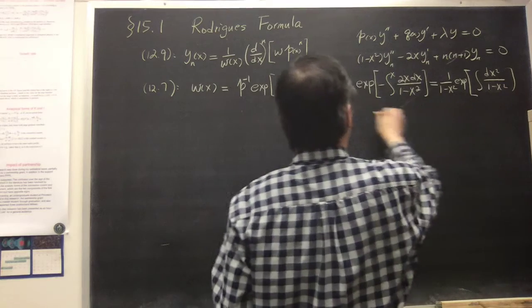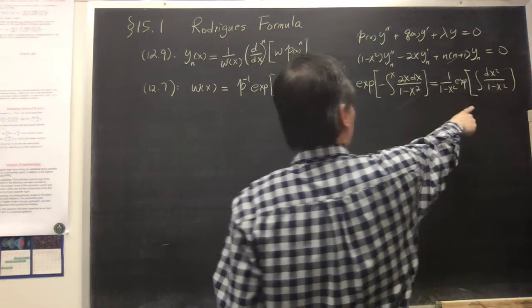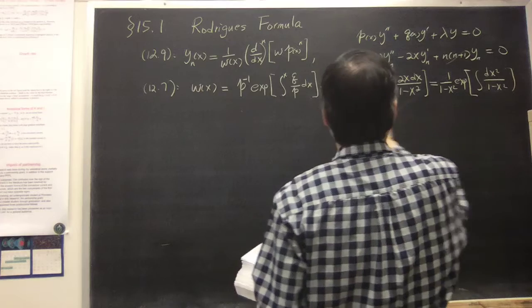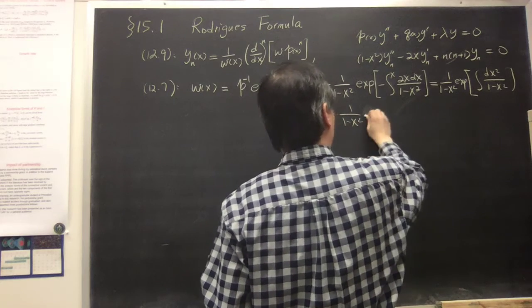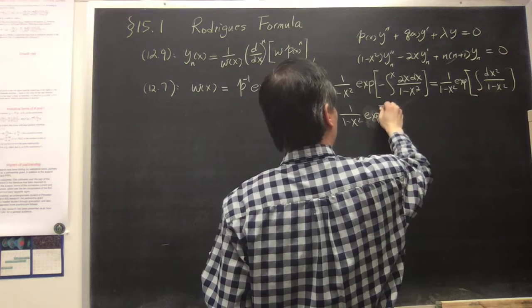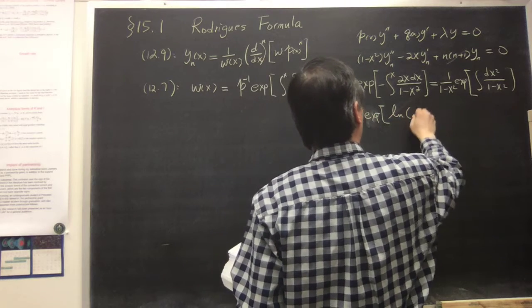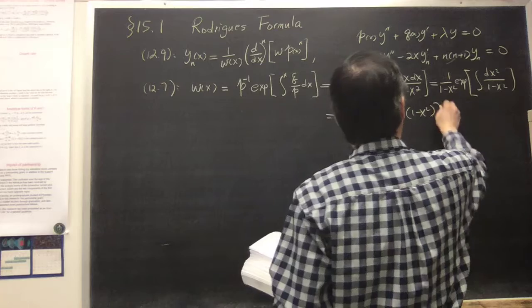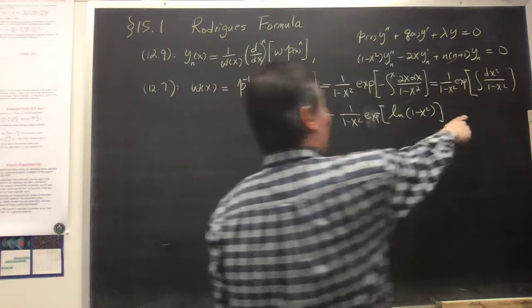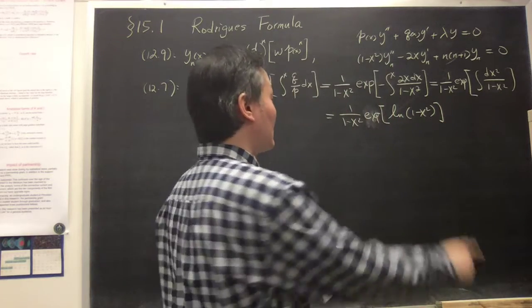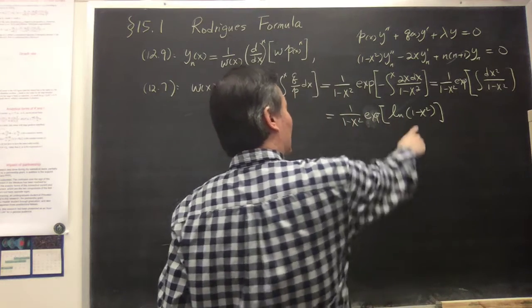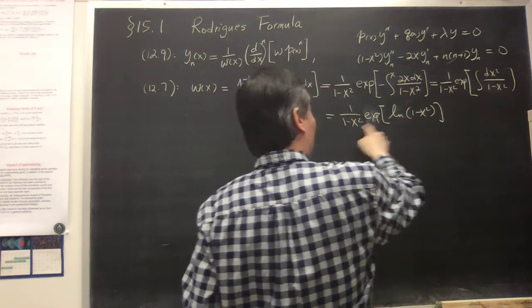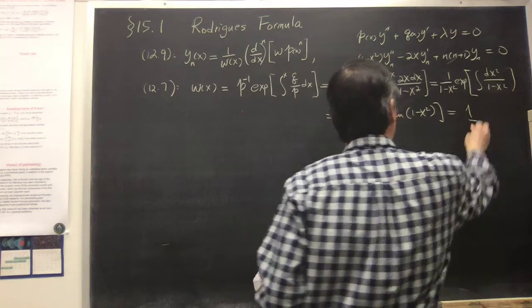And once you integrate that, that becomes a log, of course with the choice of your lower bound. So exponential of log of 1 minus x squared, and exponential of log just gives you that function, so 1 minus x squared divided by 1 minus x squared is 1.